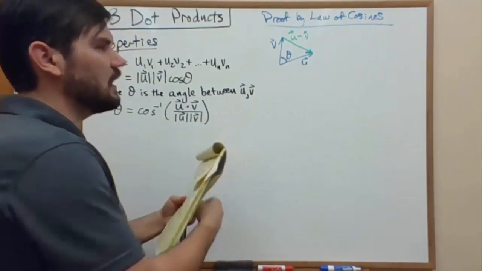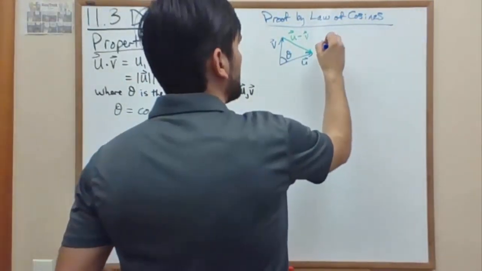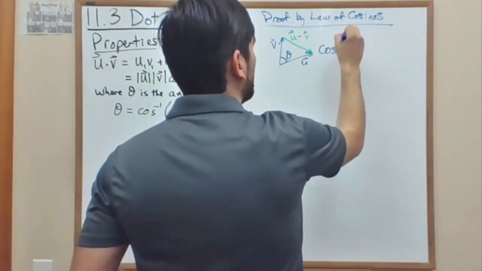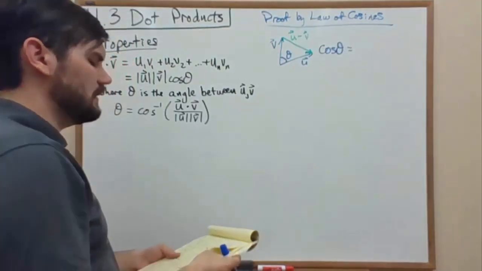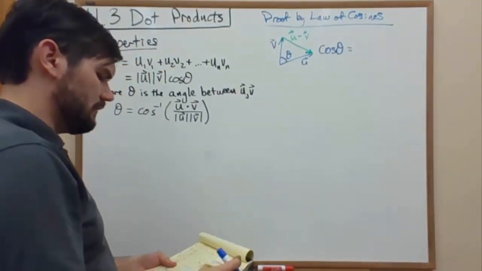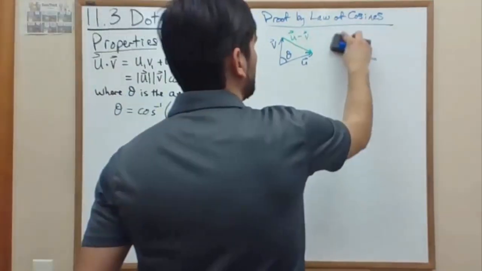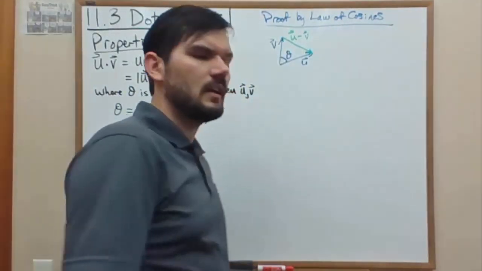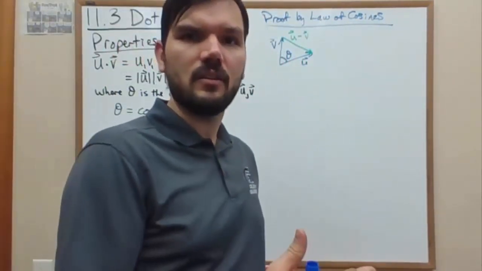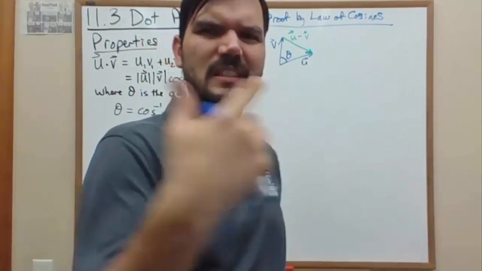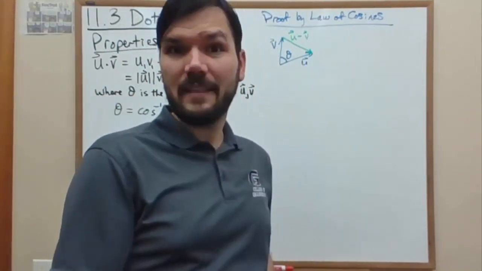You simply create a triangle with them. Now, the law of cosines says that the cosine of the angle between u and v is equal to... To get to the cosine of the angle between u and v, we need to start with the law of cosines, which is a generalization or extension of the Pythagorean theorem.